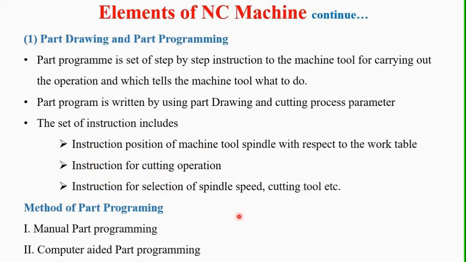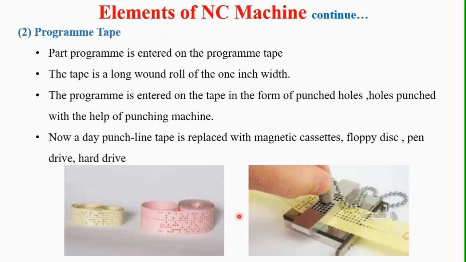For the method of part programming, there are two methods. One is called manual part programming, and the second one is called computer aided part programming. Now, the program tape. The part of the program is entered on the program tape. The program tape is a long wound roll of 1 inch width.